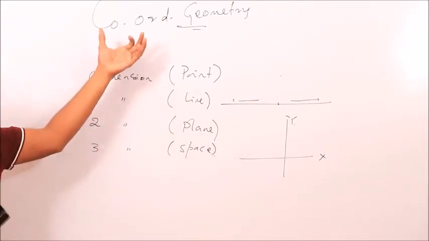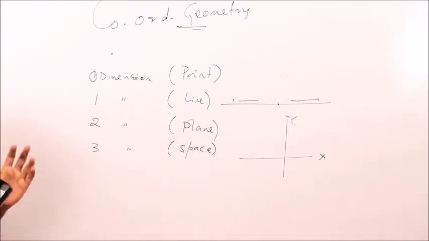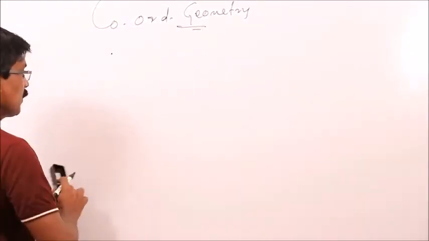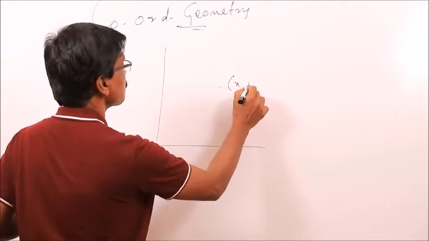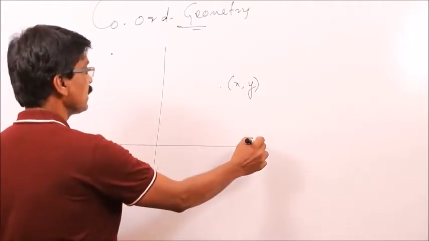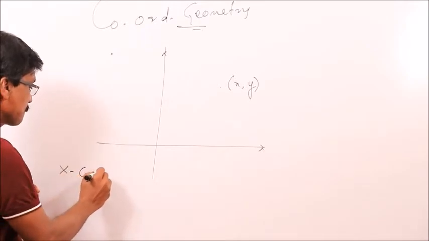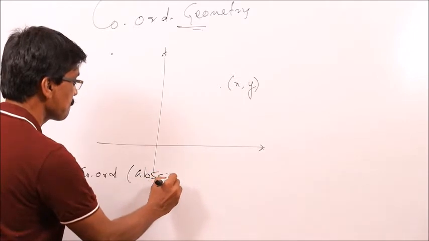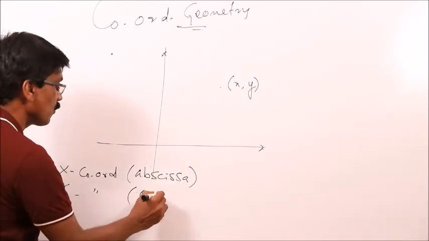So first of all, we concentrate on coordinate geometry in two dimension, that is a plane. Here we address a point having coordinate x, y. Its x coordinate is called abscissa and its y coordinate is called ordinate.